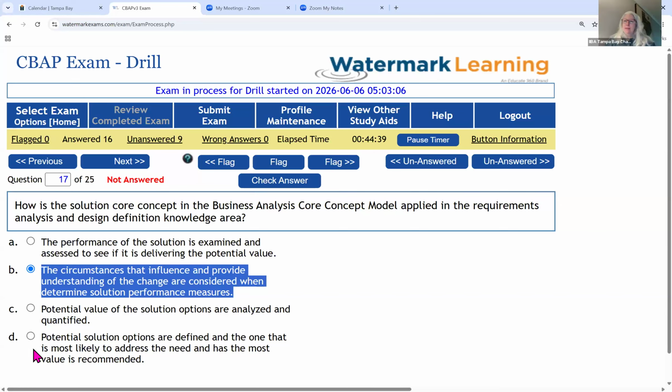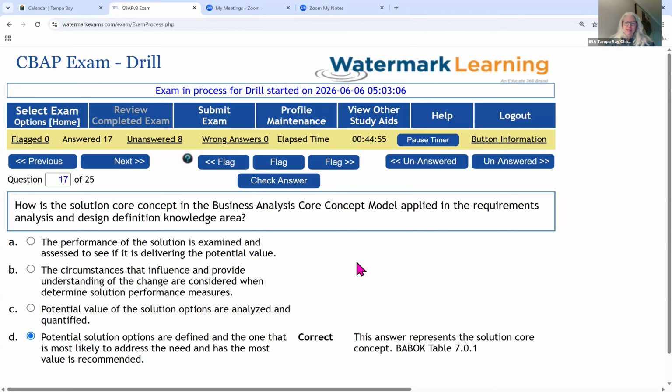Okay. Gabriella, Amarachi, what do y'all think? I think we may have lost them. Let's go ahead and check it. And you're correct, Jose. Good job. This answer represents the solution core concept.